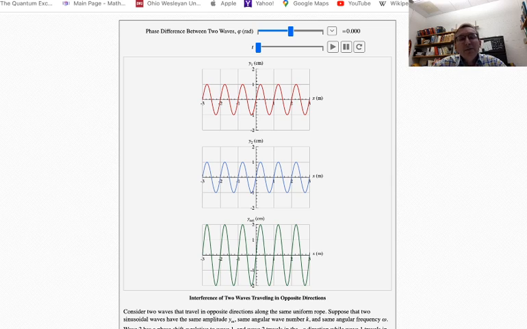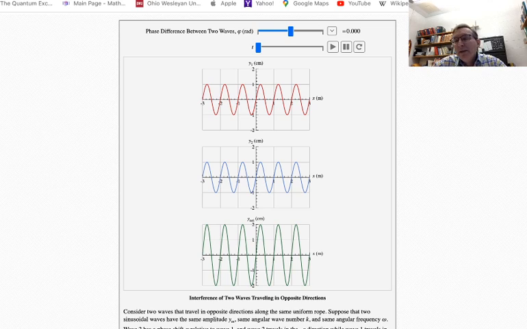And then the third graph is y net, what you get when you superpose, add y1 and y2. When I run the animation you can see that wave 1 is clearly traveling in the plus x direction, and wave 2 is clearly traveling in the negative x direction.